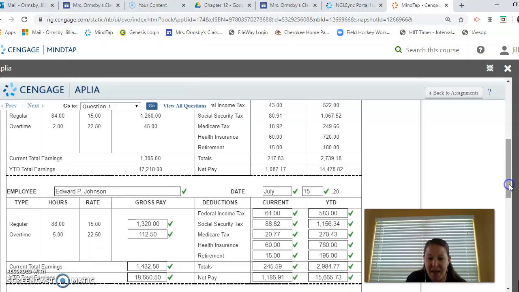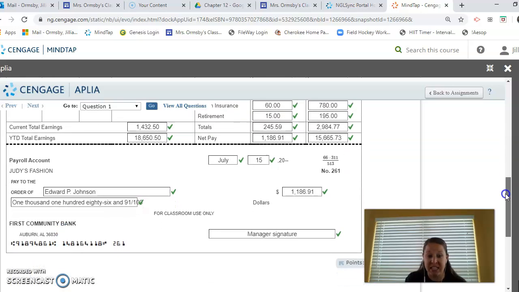And then our net pay, same thing, $1,186.91 plus $14,478.82 equals $15,665.73. So that's how you complete the check stub.